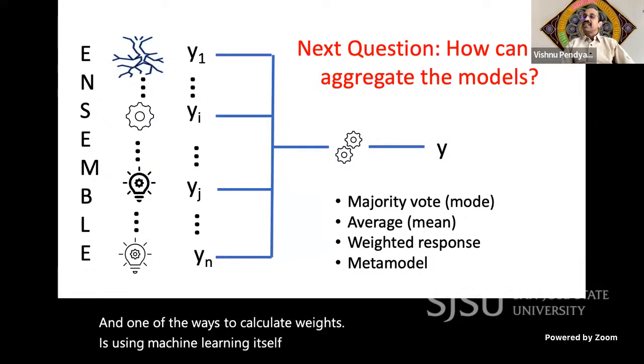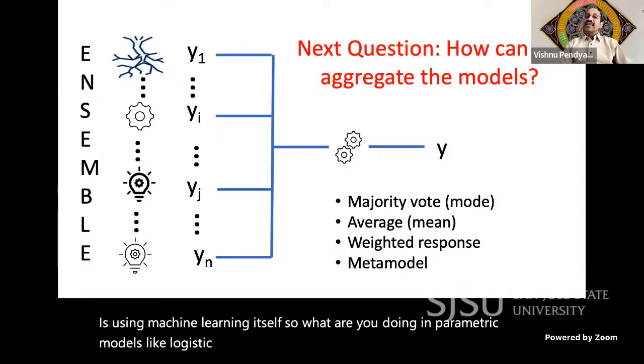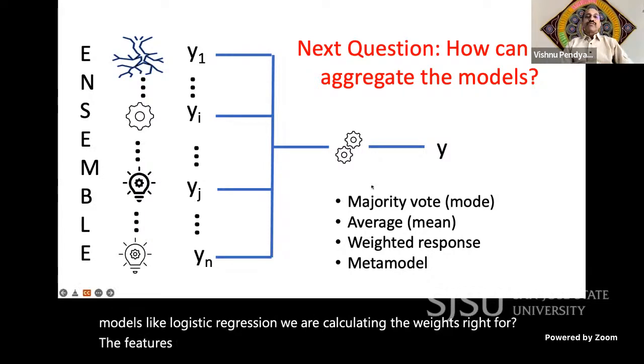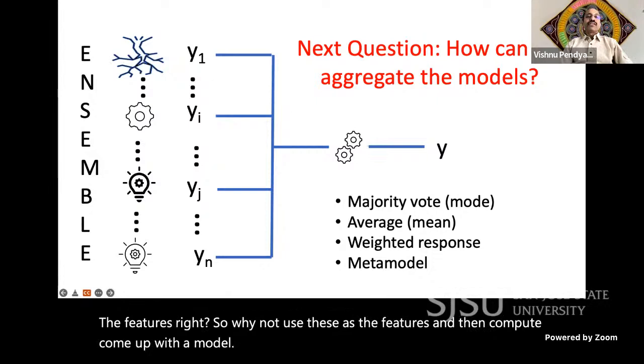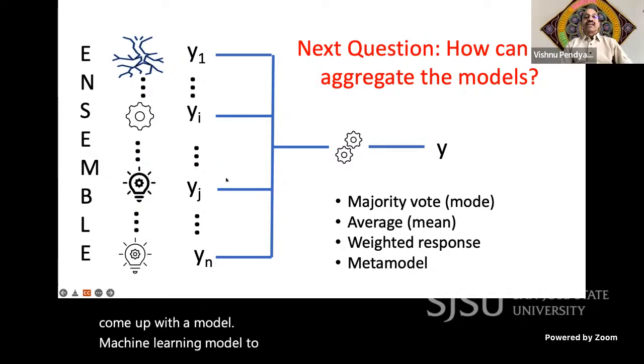So what are we doing in parametric models like logistic regression? We are calculating the weights for the features, right? So why not use these as the features and then come up with a machine learning model to compute the relative weights for each of these predictions, or each of these models?